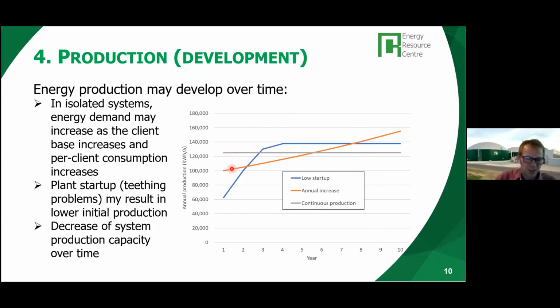Of course, if the starting point would be the same, for example, if the gray line would be here, starting at the same point as the annual increase one, then the annual increase would result in a higher rate of return, because the total production per year would be increasing.